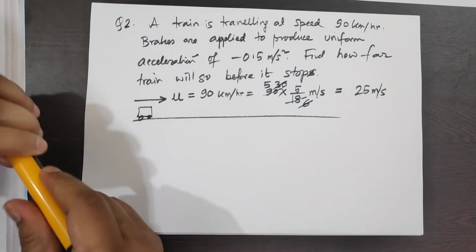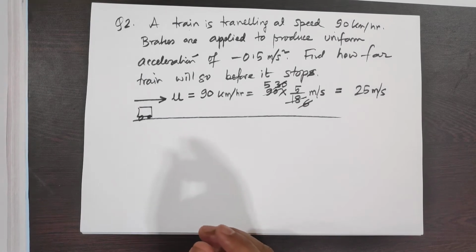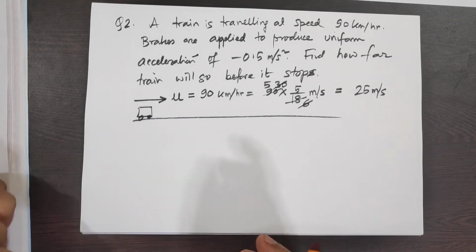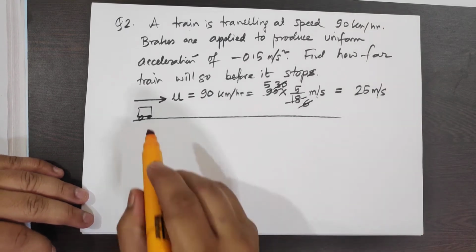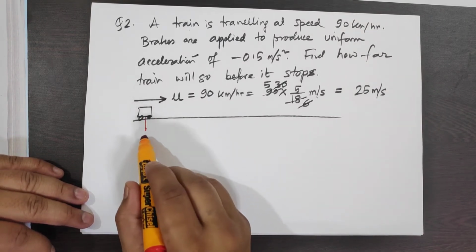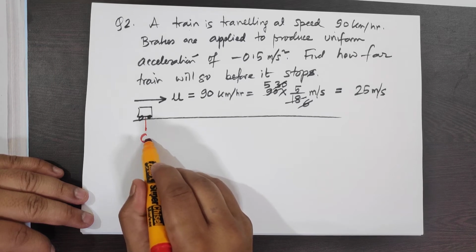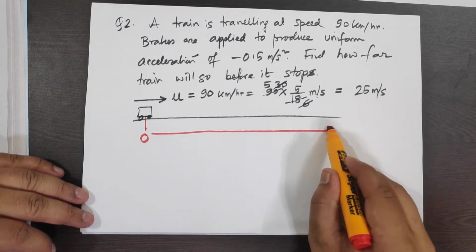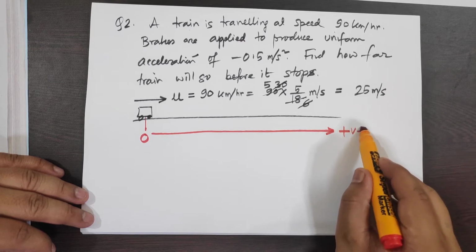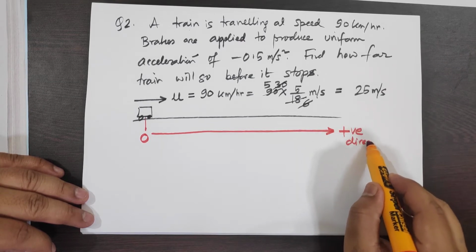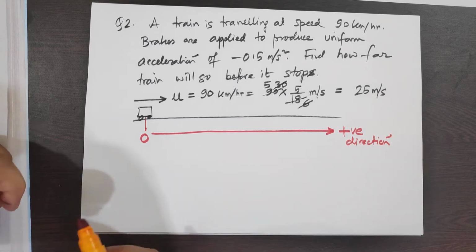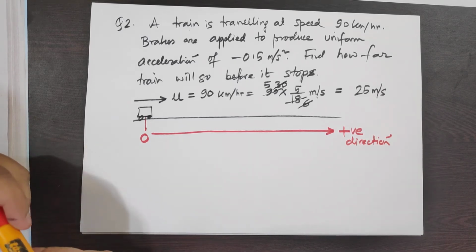Now for any problem, before applying the formula, you have to choose a 0. So this is a 0, and this is the positive direction. That is important, because all this u, a, v, s, whatever, they come with signs.